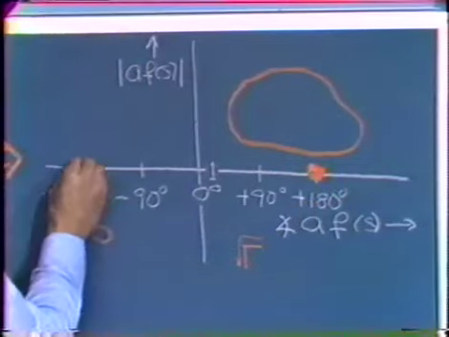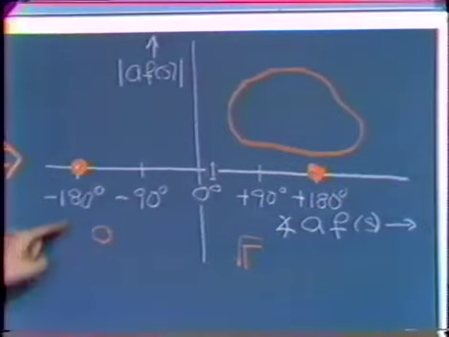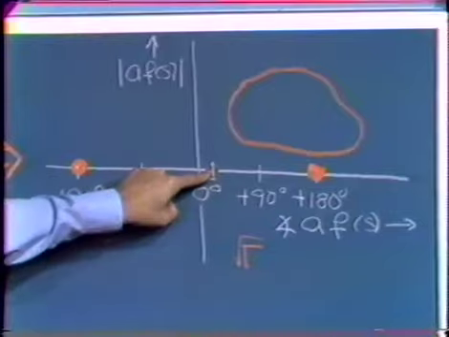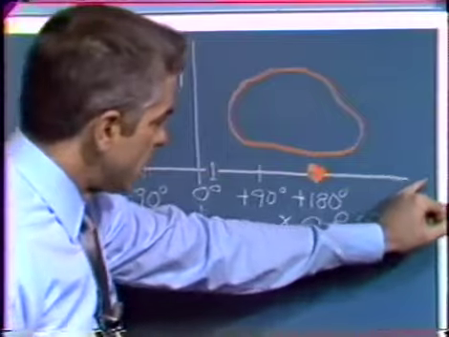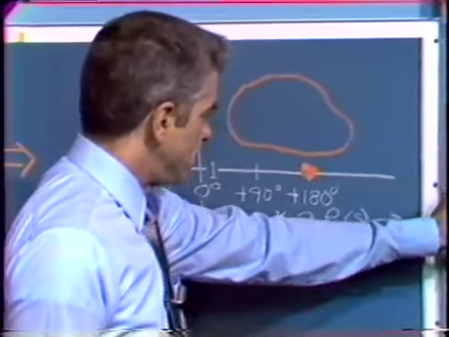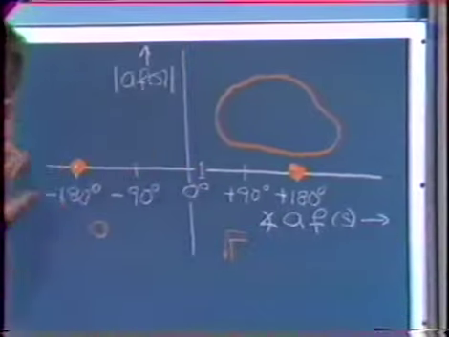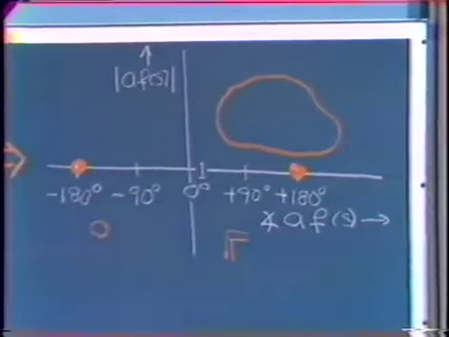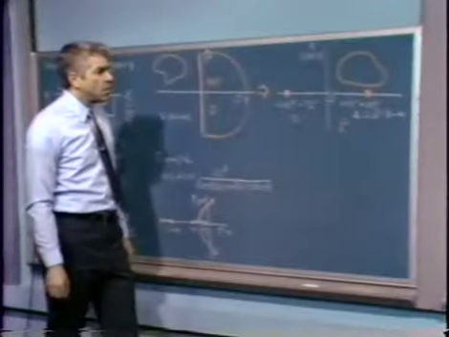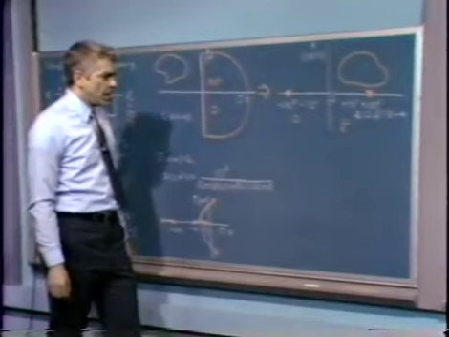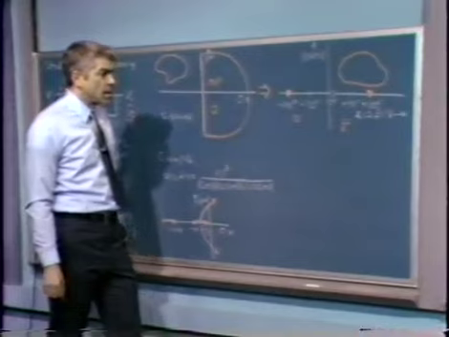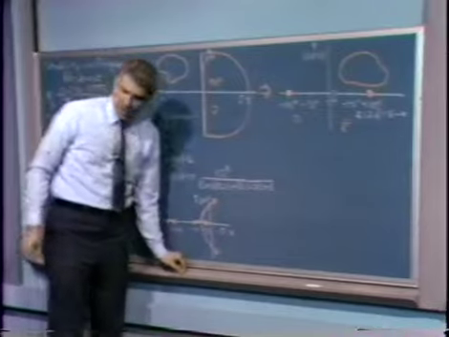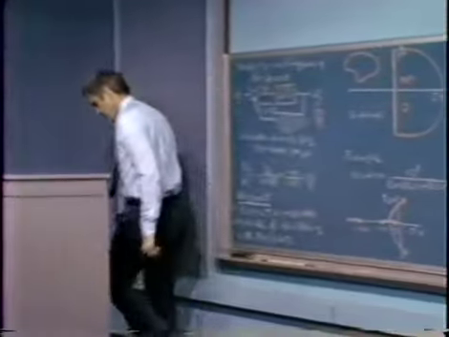We have another -1 in the AF plane, -180 degrees with a magnitude of 1. And we have more and more of these. We have another 360 degrees displaced from this at +540 degrees, at -540 degrees, and so forth. So the -1s are very easily observed in the AF plane, and that's the thing that gives us leverage or makes the Nyquist test a useful way of finding the stability of a system. Let's look at how this might work.